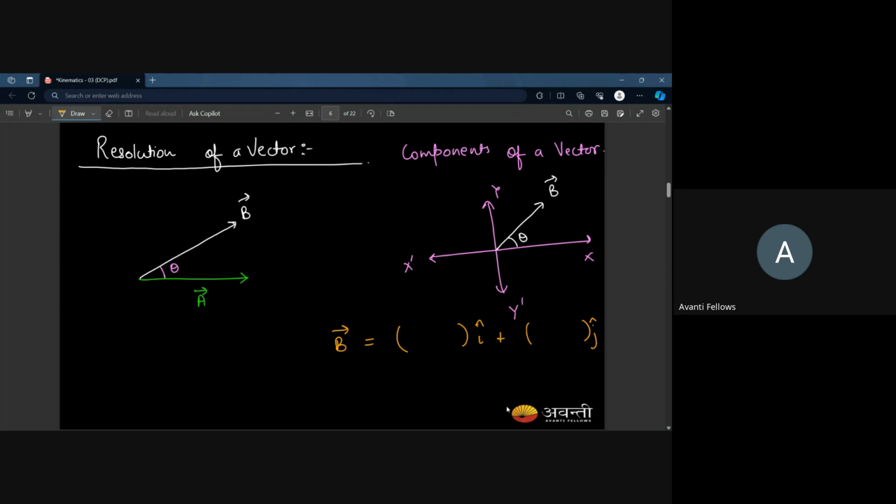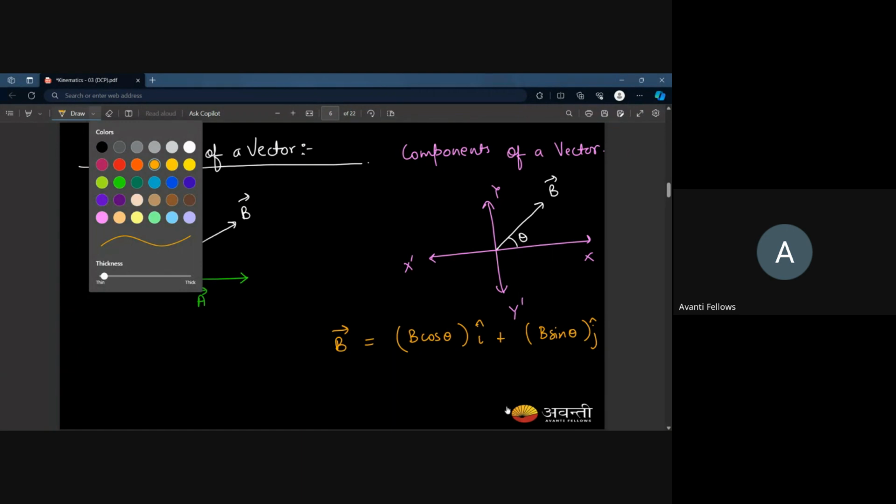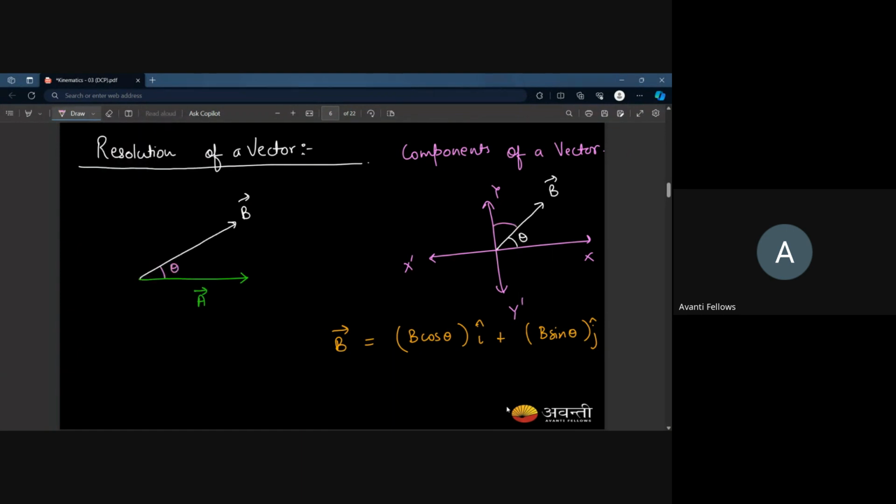So here it would be B cos theta i cap and B sin theta j cap. But if I gave you this angle, resolve this B vector as per the alpha. So you will write B sin alpha i cap plus B cos alpha j cap. This would be the B vector. Is it okay?